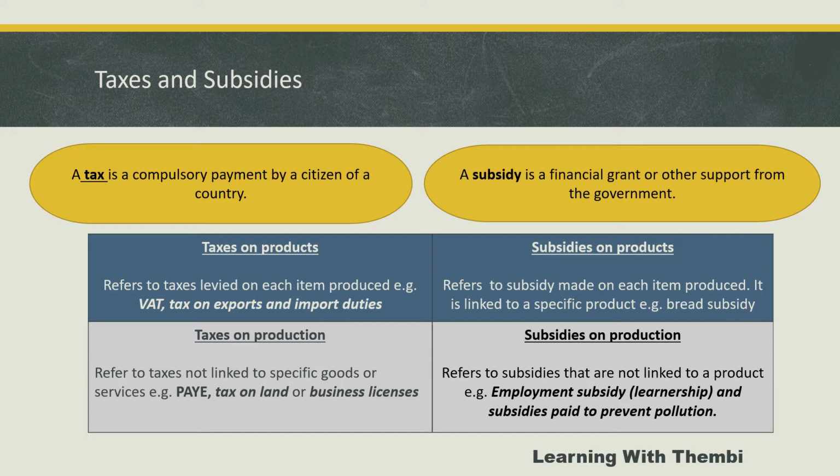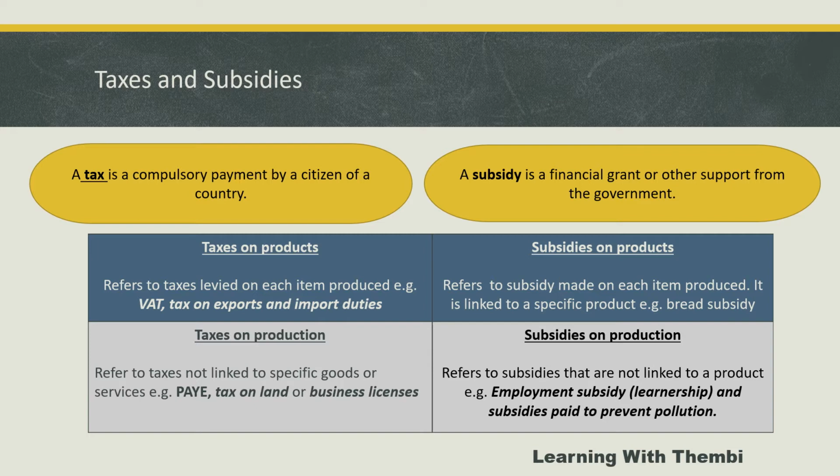Then on the other hand, we also have taxes on production. And these are the taxes which are not linked to a specific good or service, but rather it is linked to the production. This may include the pay as you earn, which is your income tax. It may include the tax on land as well as business licenses.